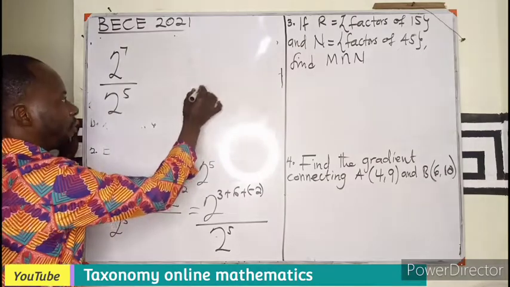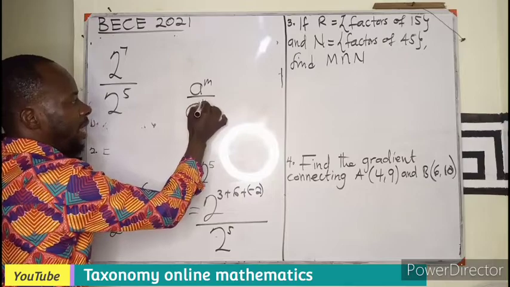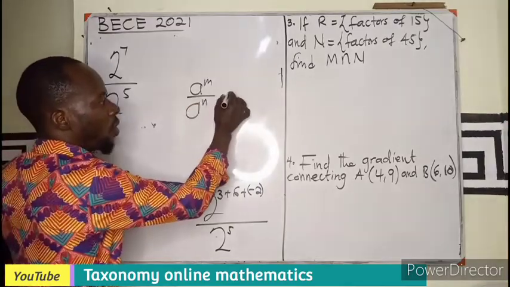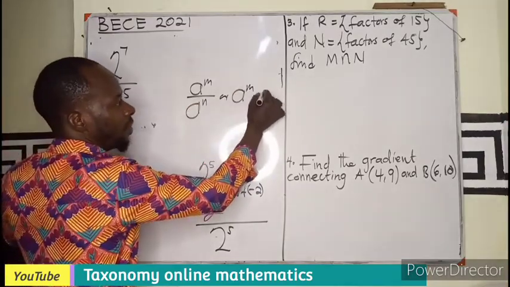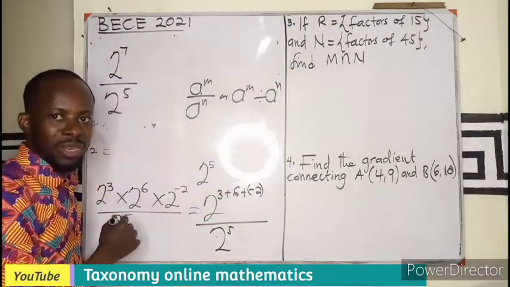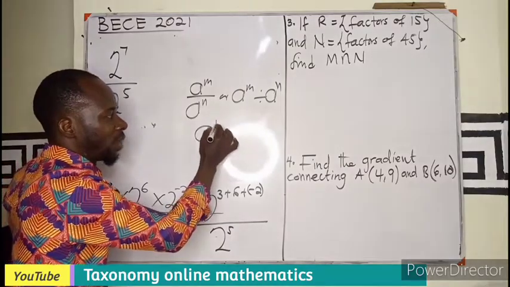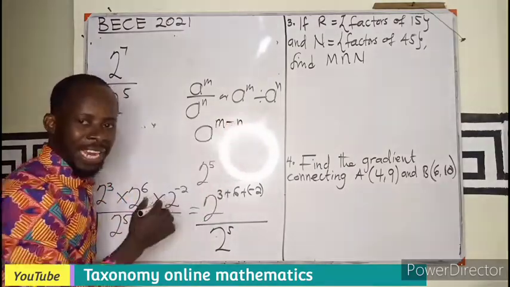So we have a exponent m divided by a exponent n. If you have this division, the bases are the same, so it becomes a exponent m minus n.